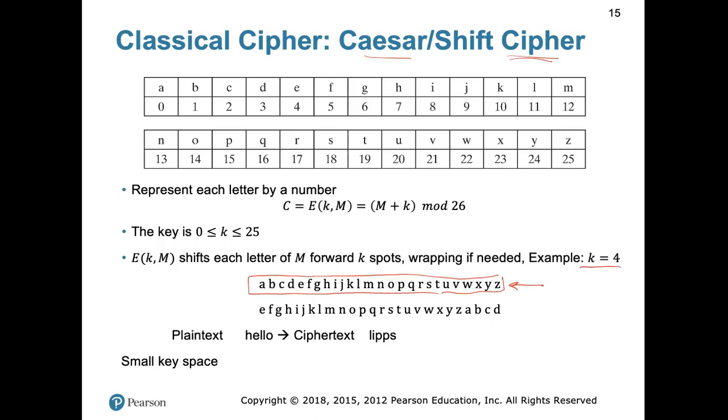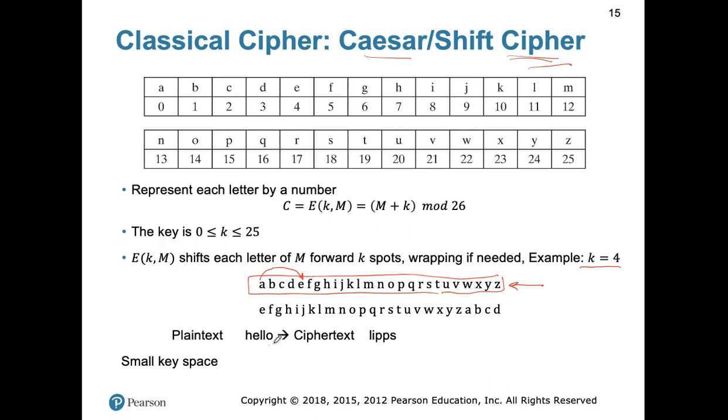Every character is going to be mapped to its 4th later character. So, 1, 2, 3, 4, the 4th letter after A is E, so A is going to be mapped to E. In this type of cipher, whenever you want to use A, you put E instead.